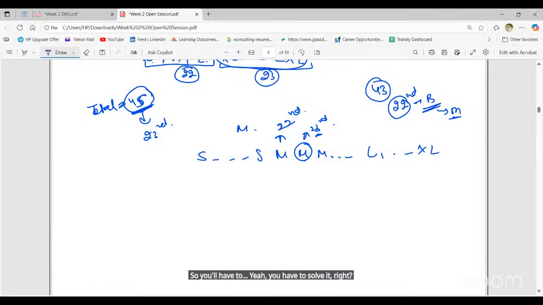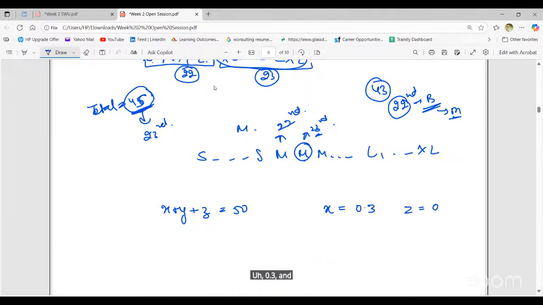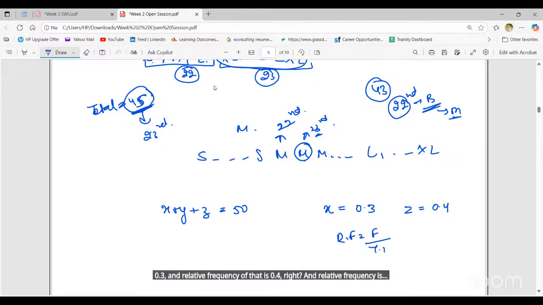We have been given that X plus Y plus Z is equal to 50, and the relative frequency of X is 0.3 and of Z is 0.4. Relative frequency is frequency divided by the total frequency, correct? Now, we know that the sum of relative frequencies is 1, right?